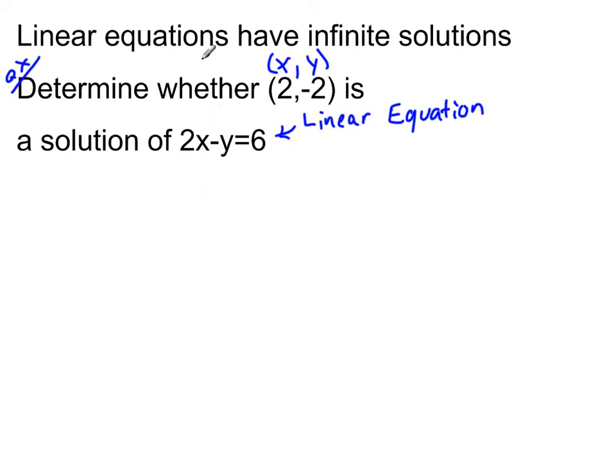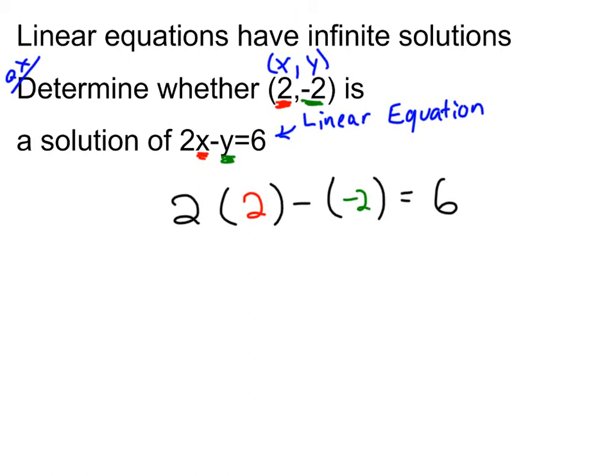We have normally 2x minus y equals 6. Now, instead of x, I'm going to plug in the x coordinate, which is 2. And instead of y, I'm going to plug in the y coordinate, which is negative 2. And now I'm asking, is this true? I want to know whether it's a solution.